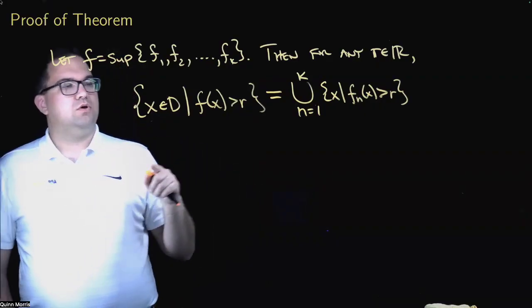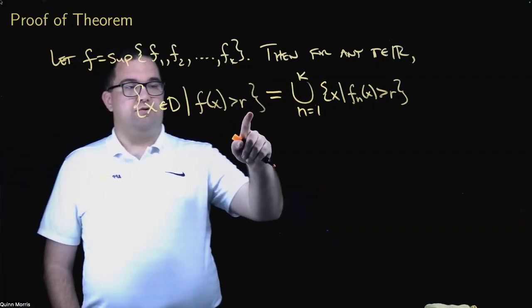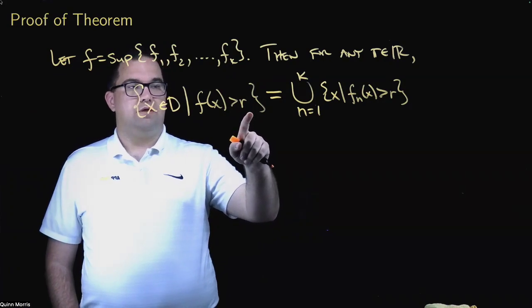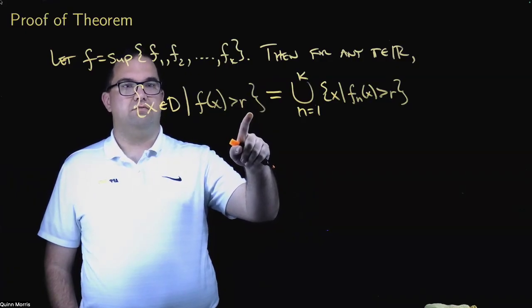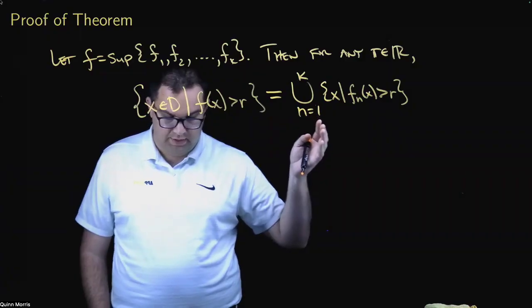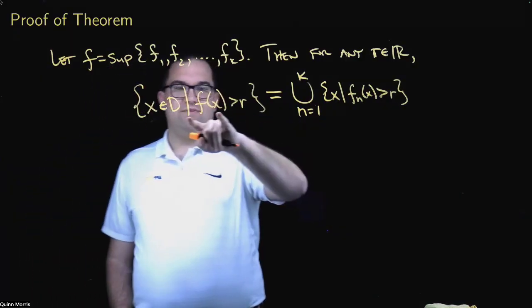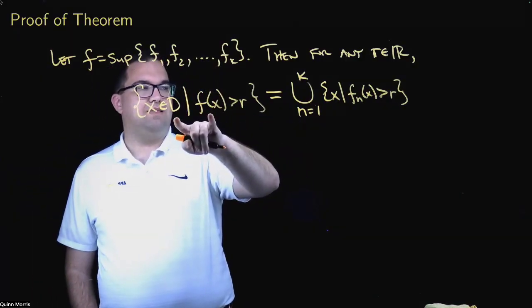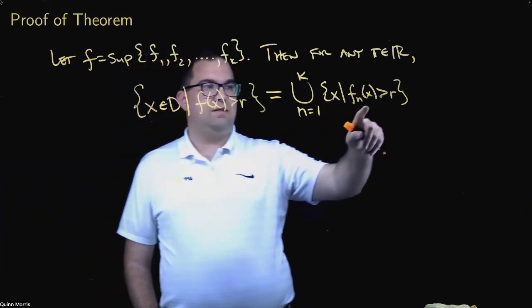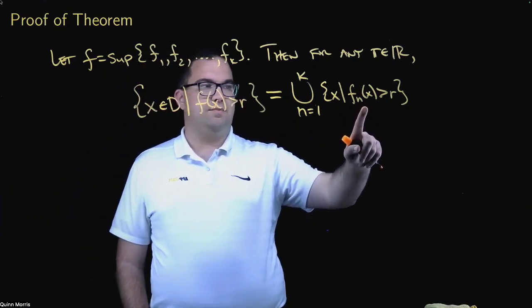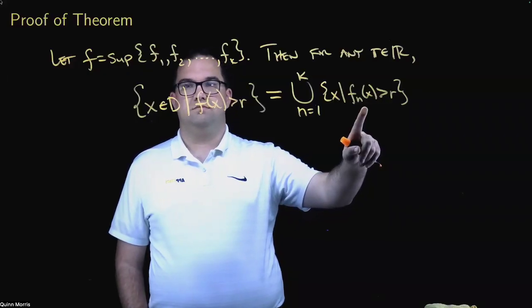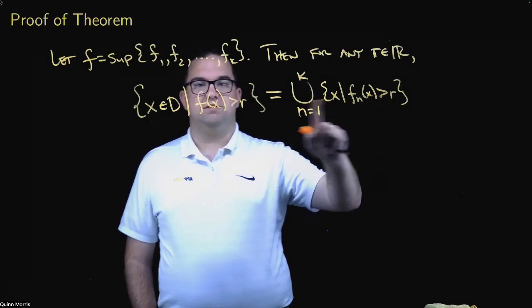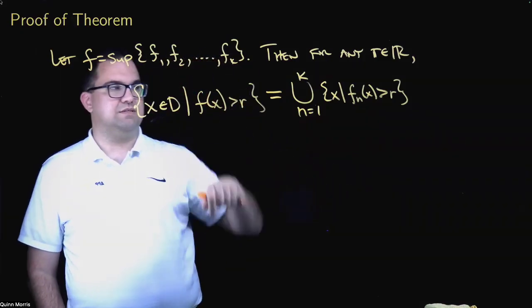So if f of x is greater than r, then certainly f_n of x is going to be greater than r, because f of x is the supremum of all of these things.